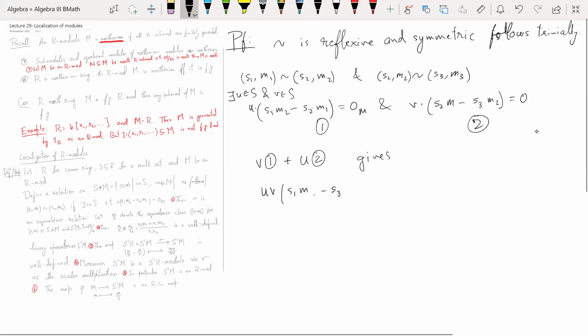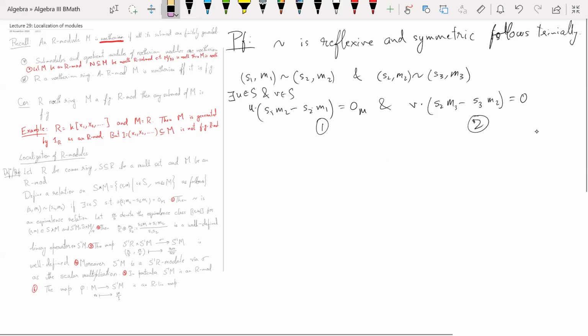So shouldn't it be S3V and S1U? S1, S2 M3 and S3 M2. So shouldn't it be like S3V1 plus S1U? Yeah, so this formula is not working. I want to cancel out this M2 term, right?